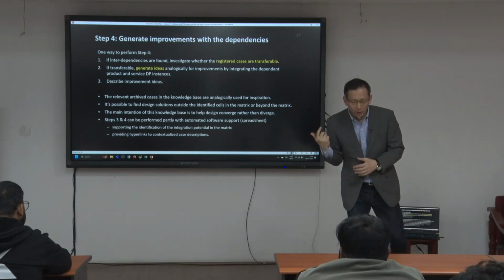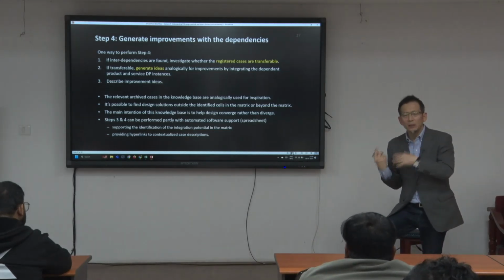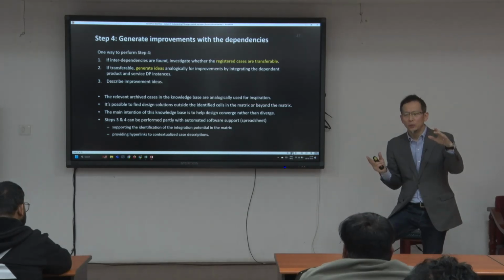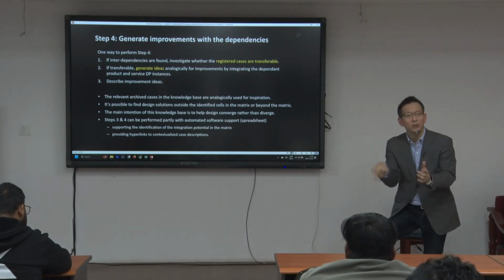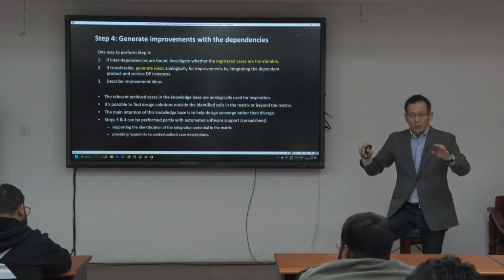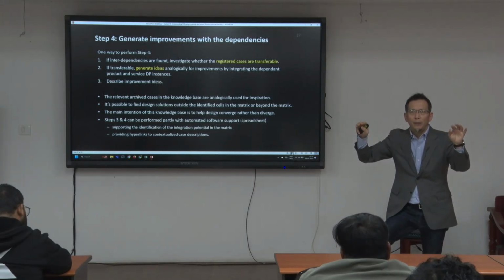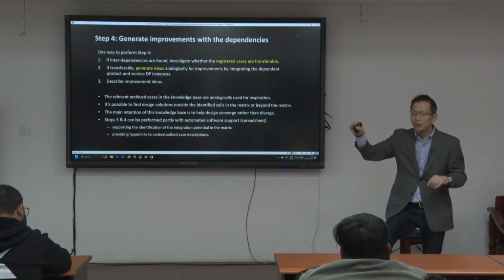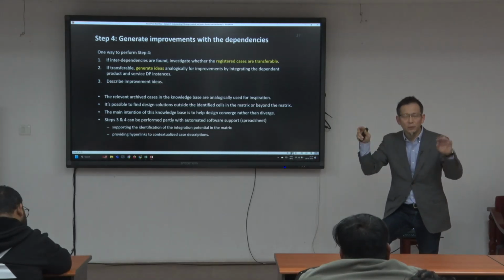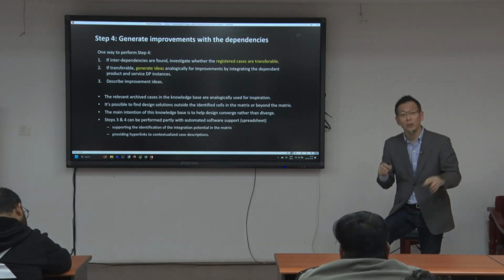But the use of the knowledge base is recommended because we think that it is helpful for you to decrease the design space that you need to explore. So as I said earlier today, it's very much time consuming and inefficient to explore the possible dependency between all the product parameters and service parameters on the instance level.